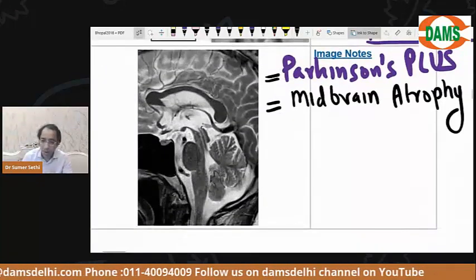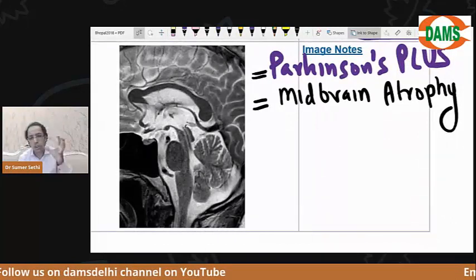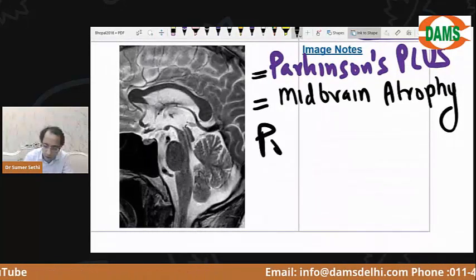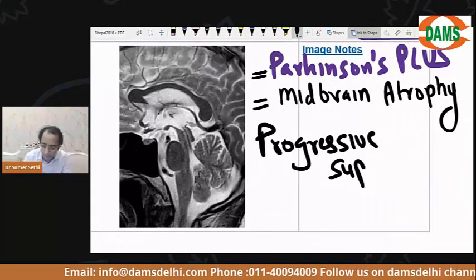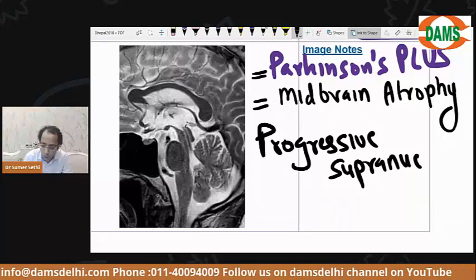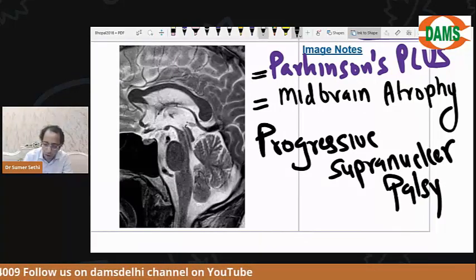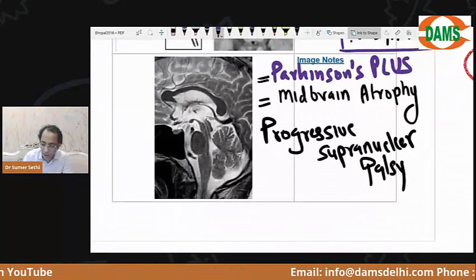So that means it is similar to Parkinson's in clinical manifestations, but pathologically the midbrain is shrunken. This disease is called progressive supranuclear palsy.